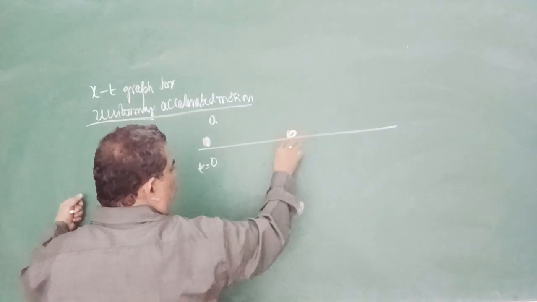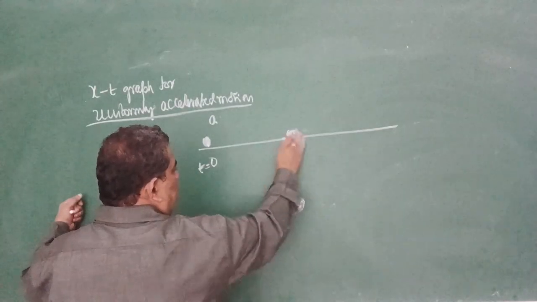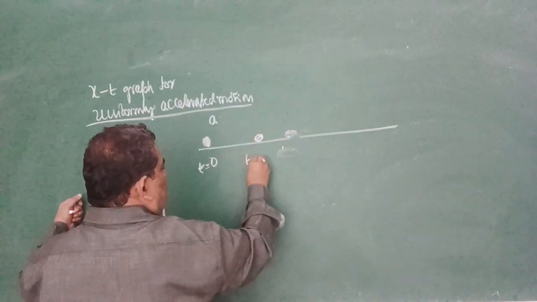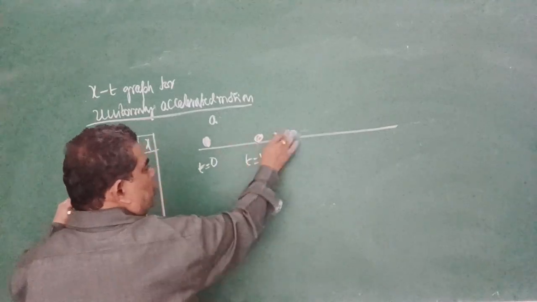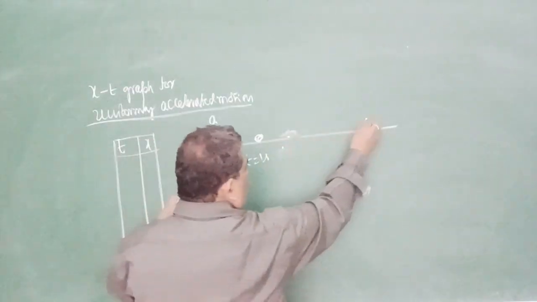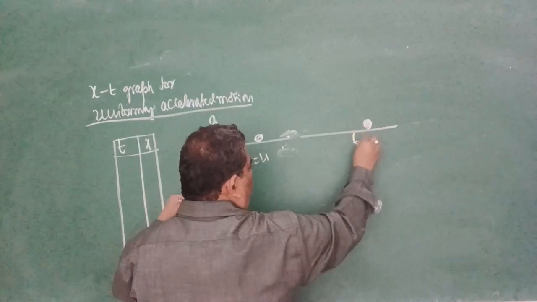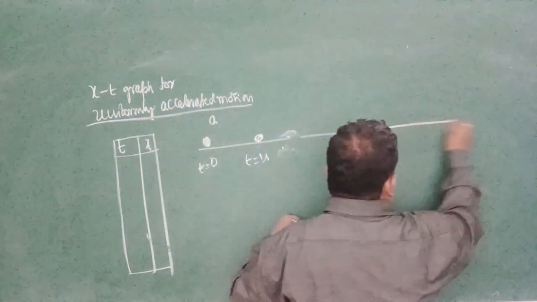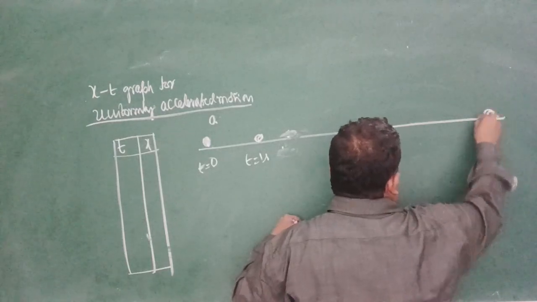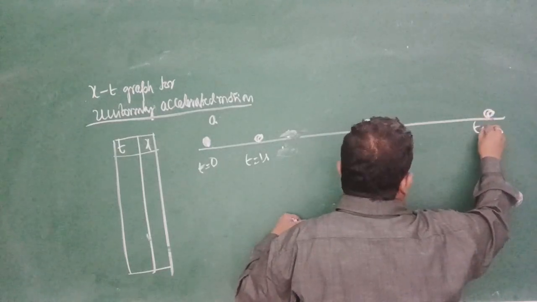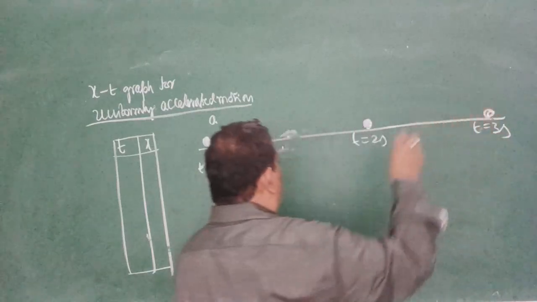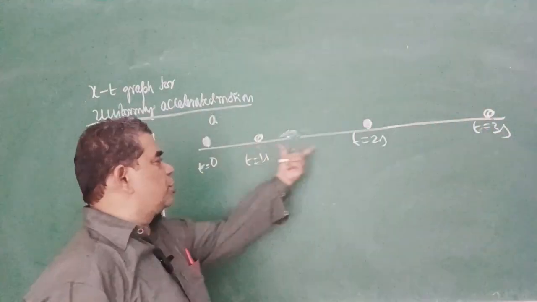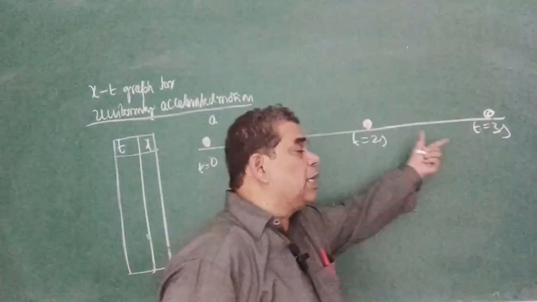At t equals 1 second, observe the distance covered is less. At t equals 2 seconds, it is still more. We have learnt it, and in one acceleration video I have shown this. At t equals 3 seconds, it is still more. Observe the distances covered go on increasing.